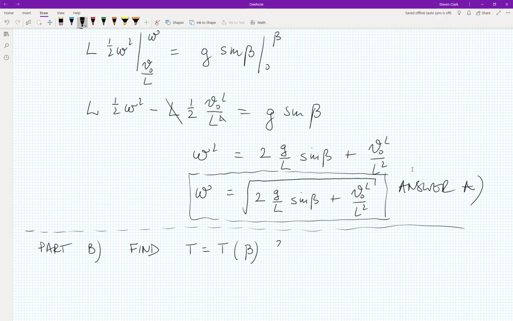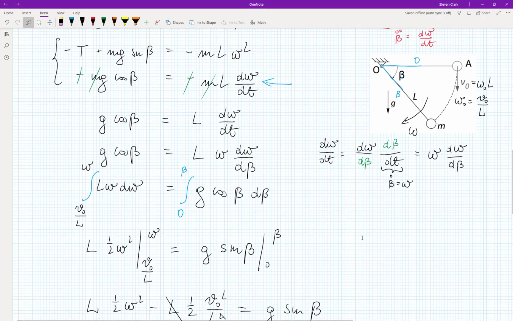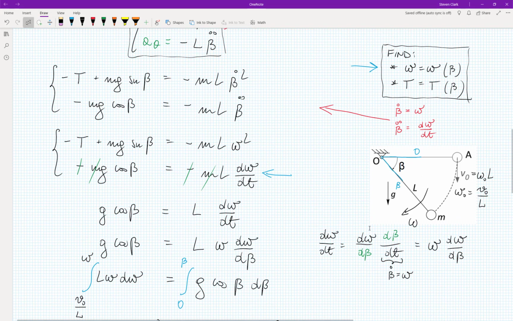And in part A, we used only one of the equations we derived, right? So I think that it's natural to use the other one in part B. Let me scrub the board and show you what I'm talking about. In part A, we used this equation. And now in part B, I think we should go for this equation, and we will solve the problem.